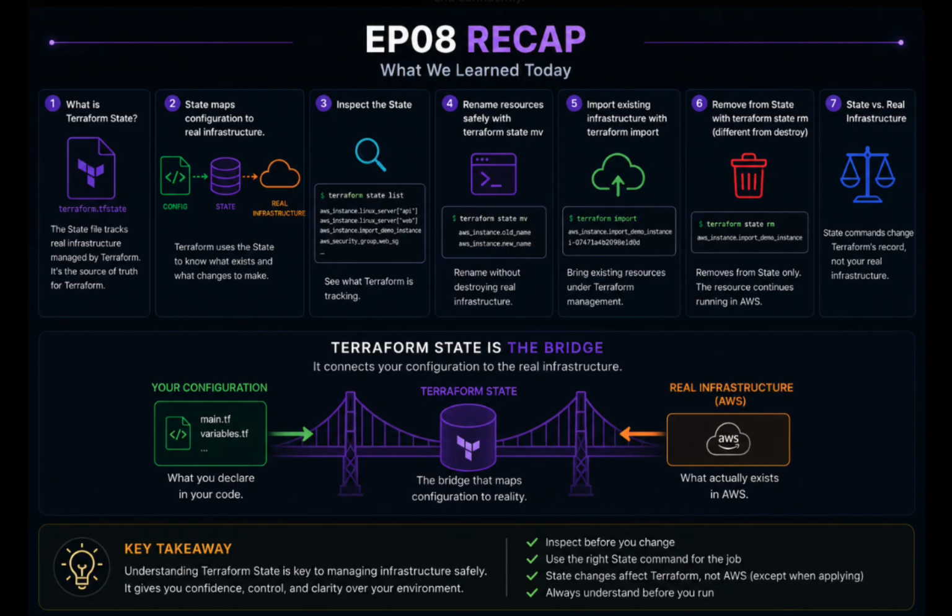We learned how to inspect the state, how to rename resources safely using Terraform State MV, how to import existing infrastructure with Terraform import, and how removing a resource from the state with Terraform State RM is completely different from deleting it in AWS. Most importantly, we saw that Terraform State is the bridge between our configuration and the real infrastructure. Understanding that relationship is what allows you to manage infrastructure safely and confidently.